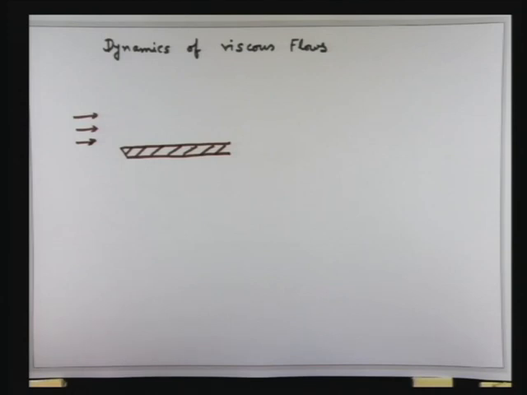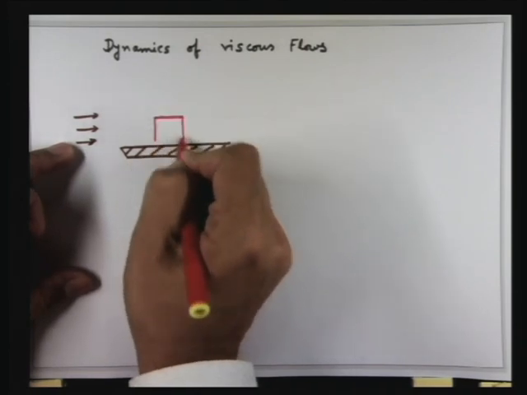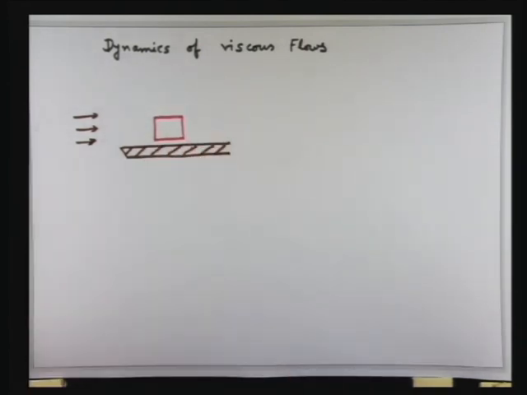Of course, how far away depends on the Reynolds number of the flow, but at least close to the plate the viscous effects will be important. Let us say that we identify a control volume like this in a region where viscous effects are important, and let us try to represent the forces acting on this control volume because of the viscous effects.